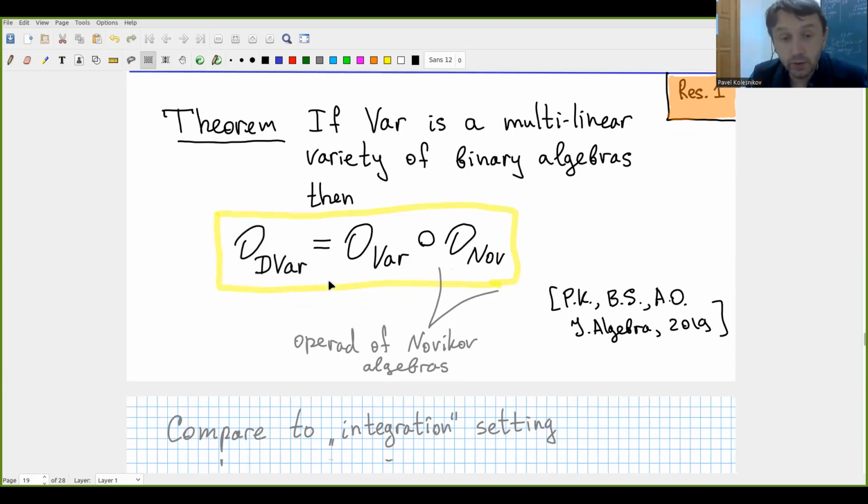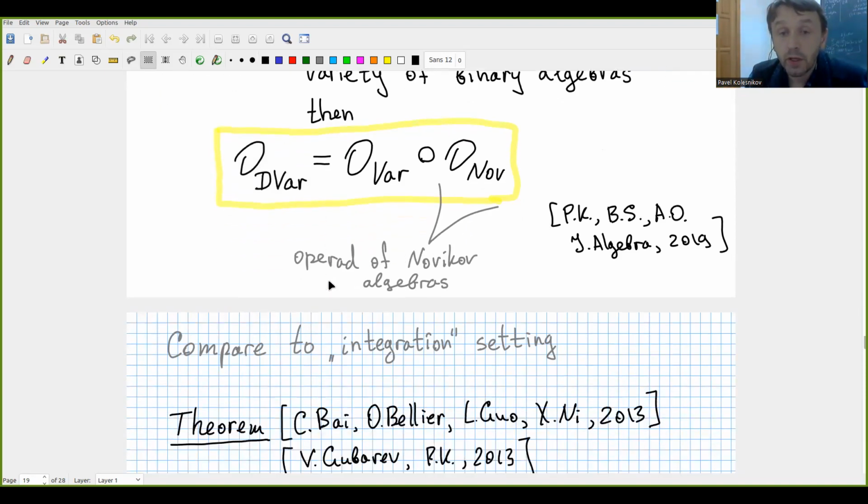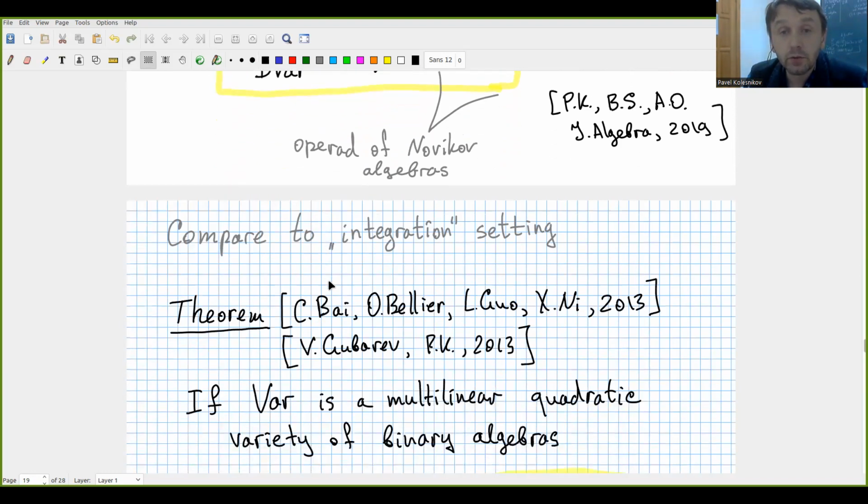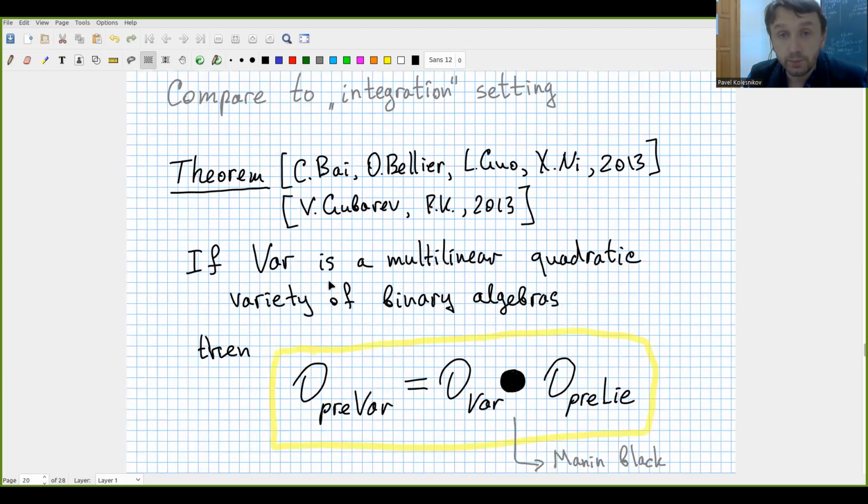two operads. Let me briefly compare this result to the integration setting, what we have for integration operators or Rota-Baxter operators.